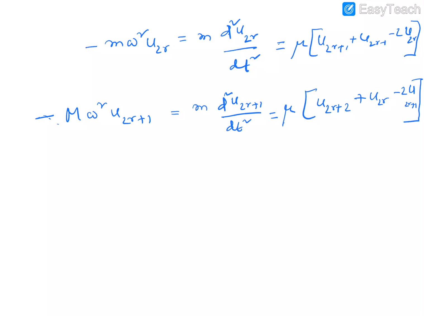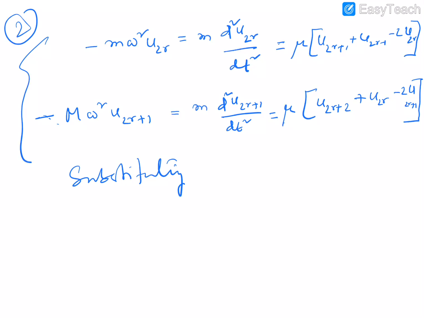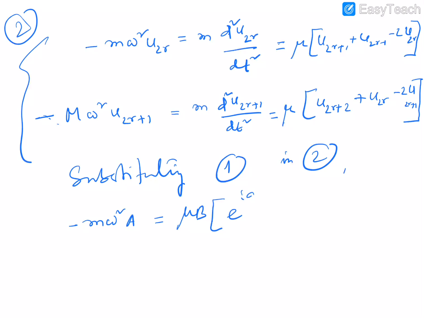Now if we substitute, so this is number 2. Now substituting 1, the displacements in 2, if you check that, you'll see that this will be given by minus m omega square times a equal to mu b times e to the power iqa plus e to the power minus iqa.